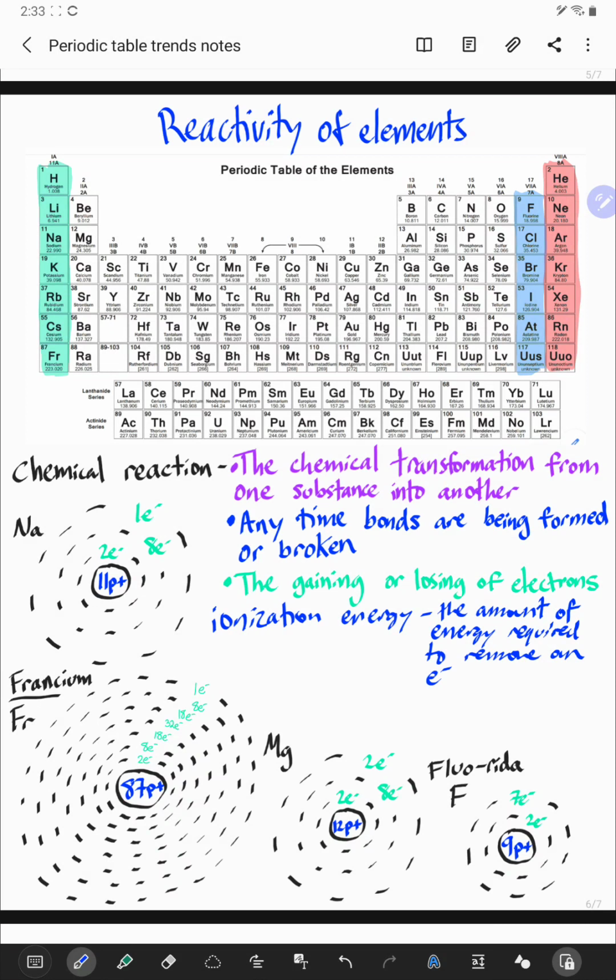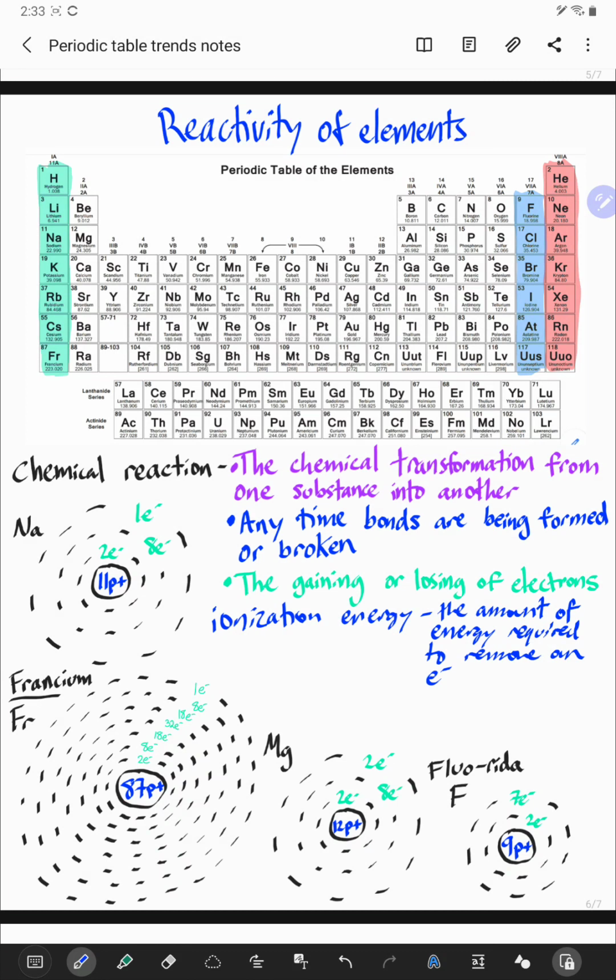All right, ionization energy is the amount of energy required to remove an electron. And we said that these group 1 elements, they want to remove an electron so that they can get to 8. And so we want to find something that is going to be very easy to remove an electron.